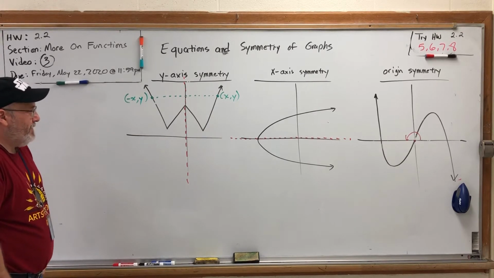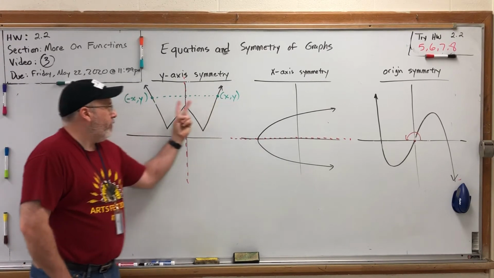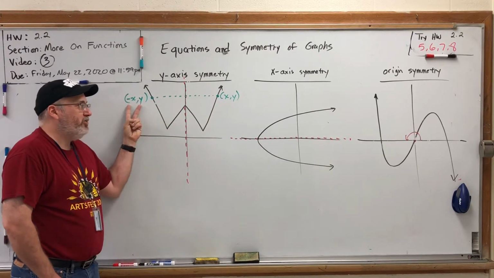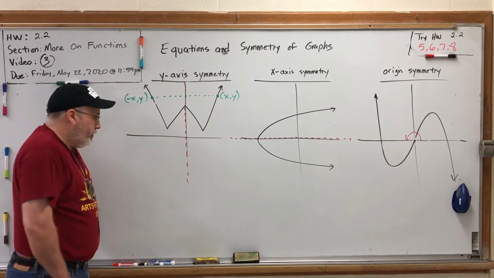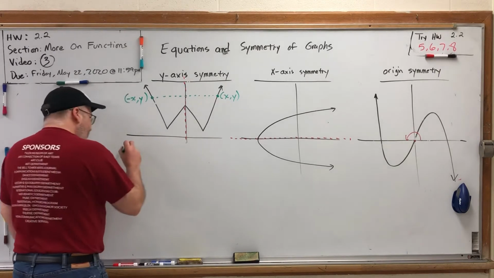So what does this mean in terms of an equation? This means if we have an ordered pair, then we get another ordered pair for free just by changing the sign of the x. So what that means in terms of an equation is the following.